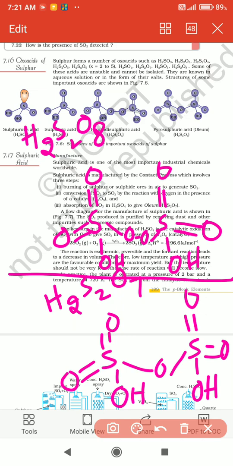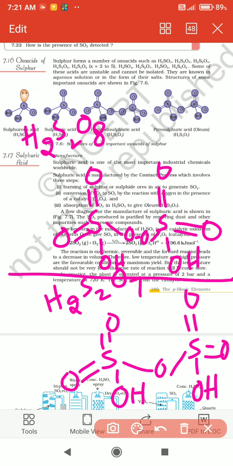In H2S2O8 one oxygen atom is in excess, but in H2S2O7 there is one oxygen atom less. So this is the slight difference between the H2S2O8 and H2S2O7 molecules.